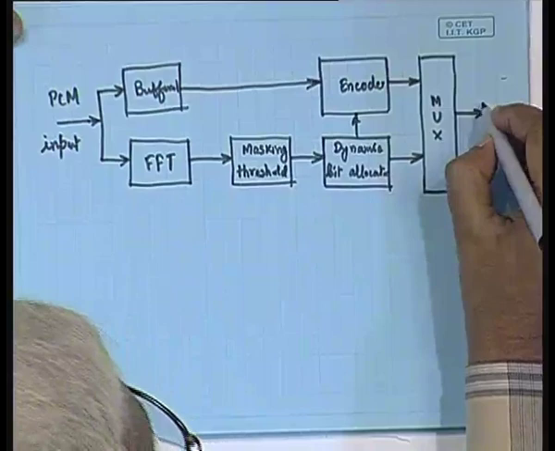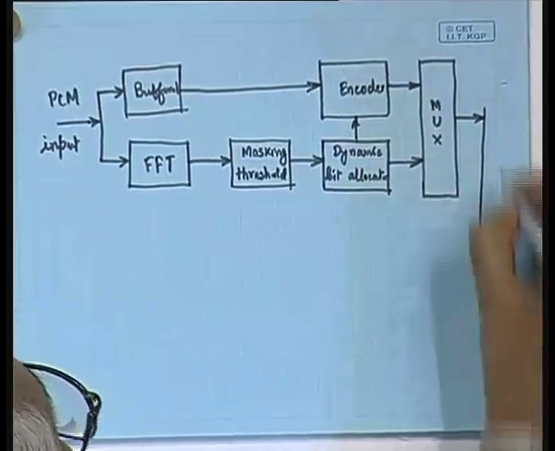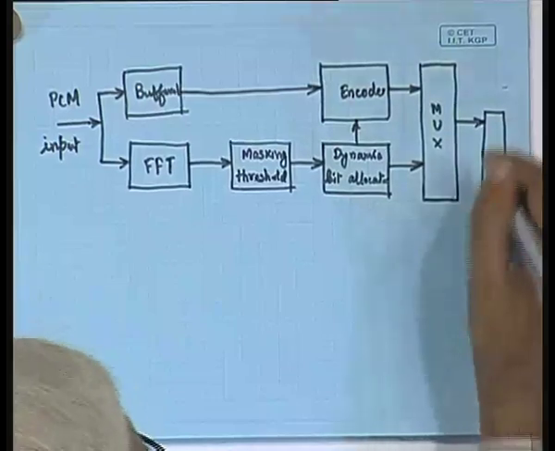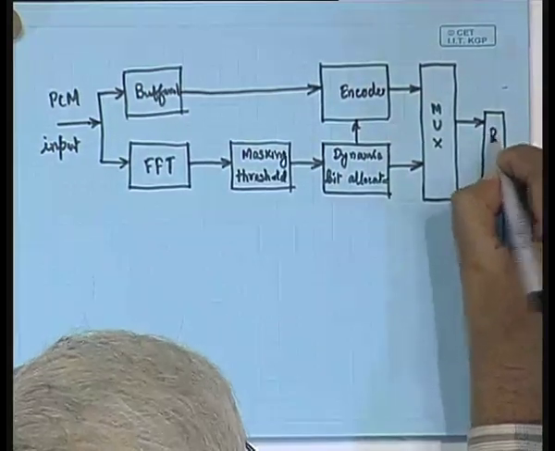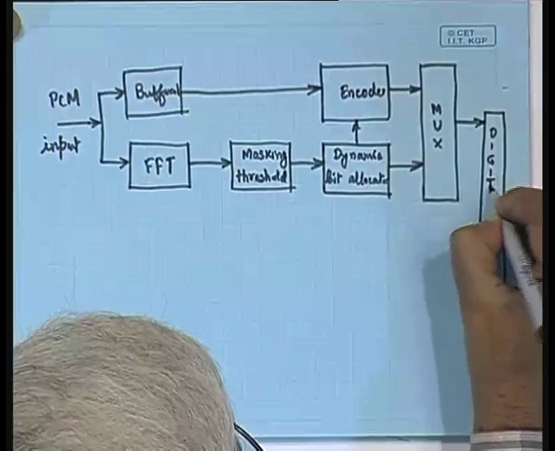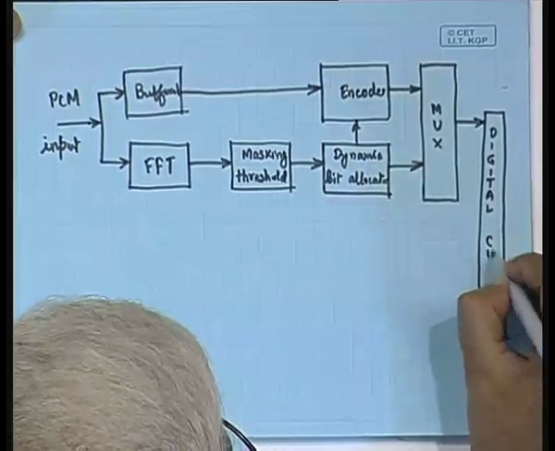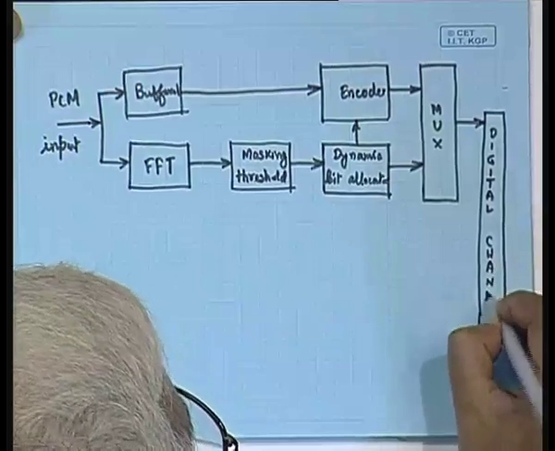We can assume it to be a digital channel, although there is no problem if we assume an analog channel, in which case we have to convert from digital to analog and then transmit it. In general one can assume a digital channel, and at this point we need not consider the losses involved in the channel.